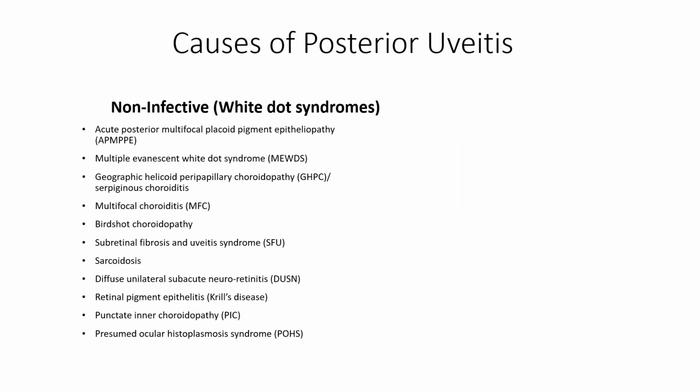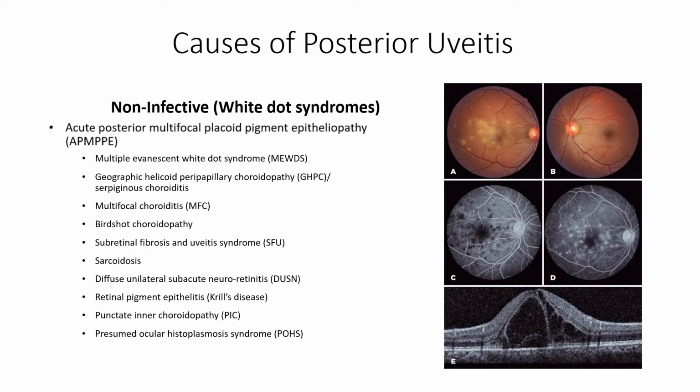Now, coming to the non-infective causes of posterior uveitis, I am not going into detail of these individual diseases because they are collectively known as white dot syndromes, and I will just enumerate them with a representative picture which I have collected from the internet.